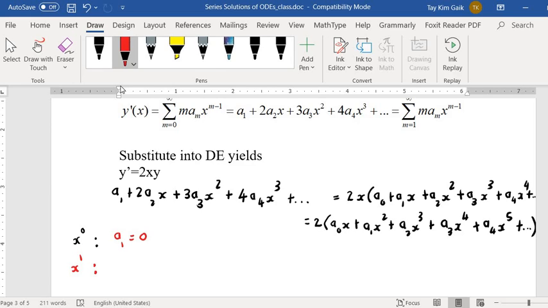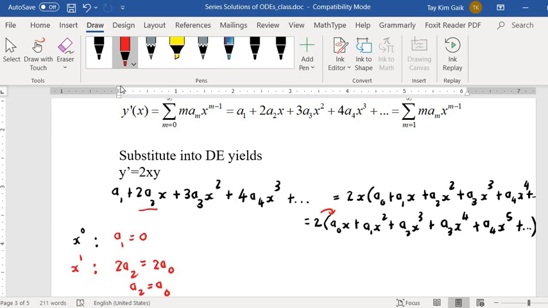The coefficient for x power 1 on the left side is 2a2. Right hand side, don't forget, each term you have to multiply by 2. So 2a2 equals 2a naught, meaning a2 equals a naught.